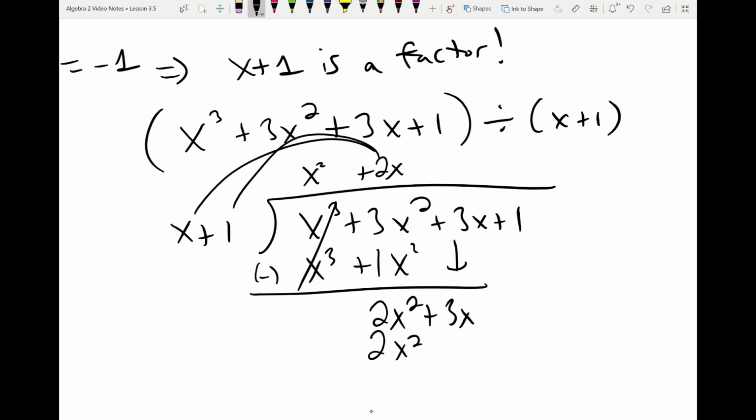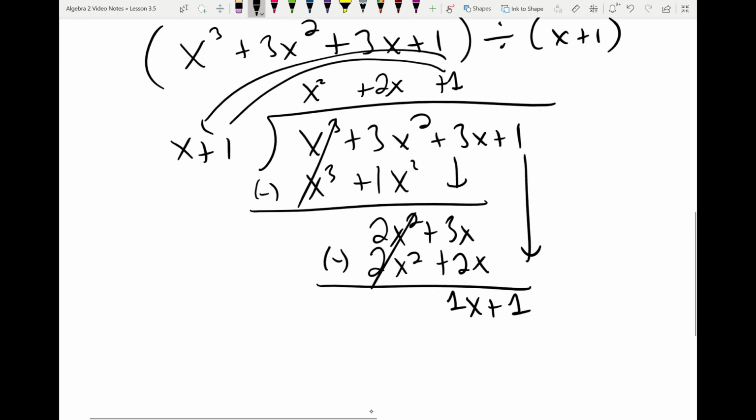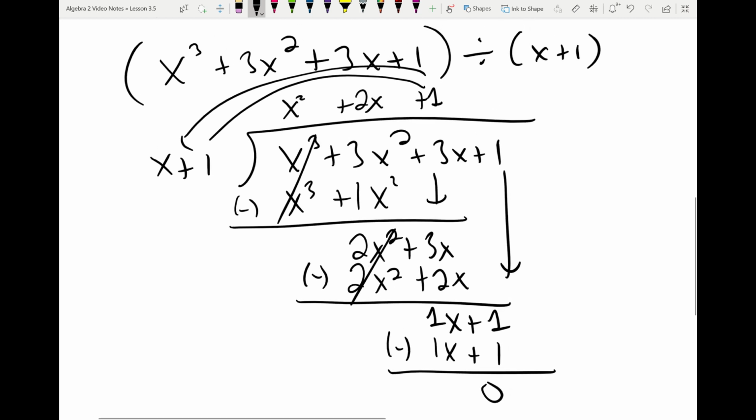And then 2x times 1 is 2x. Subtract. 3 minus 2 is 1, so we got 1x. Bring down the 1. So what times x is going to give you 1x? That would be just 1. And then 1 times 1 is 1. Subtract, so you get 0 as your remainder.